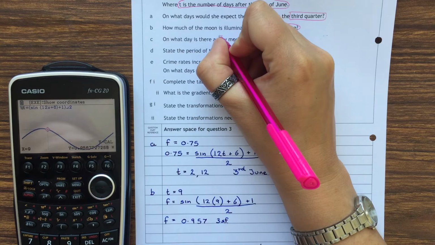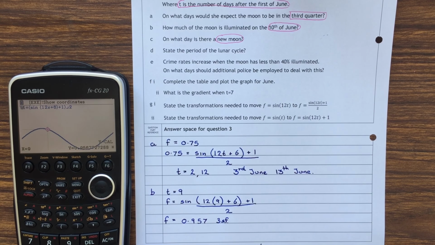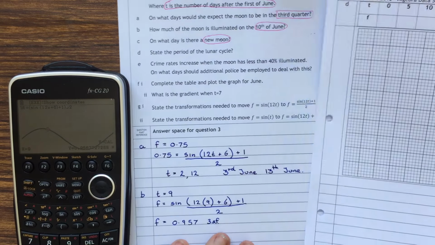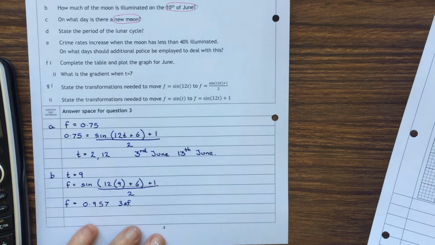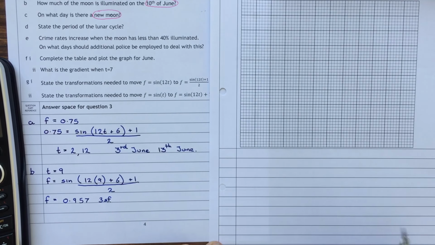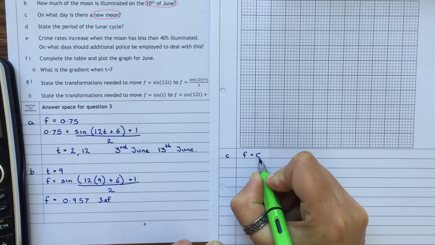Okay, part C, a new moon. A new moon is when there is no moon visible in the sky. So the fraction at that point that you can see will be 0. So for your new moon, your fraction is 0.